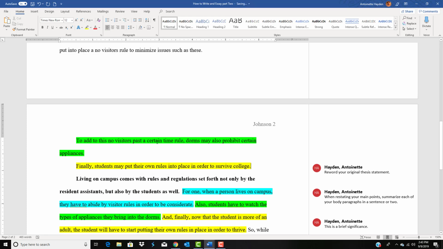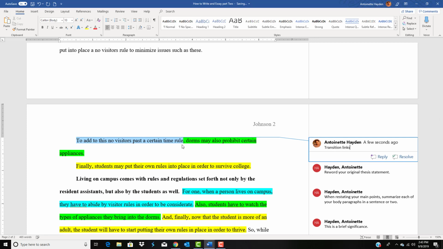I didn't fill them out because, time. But to add to this, no visitors past certain time rules, this is my transition. My transition links this paragraph to the previous paragraph.